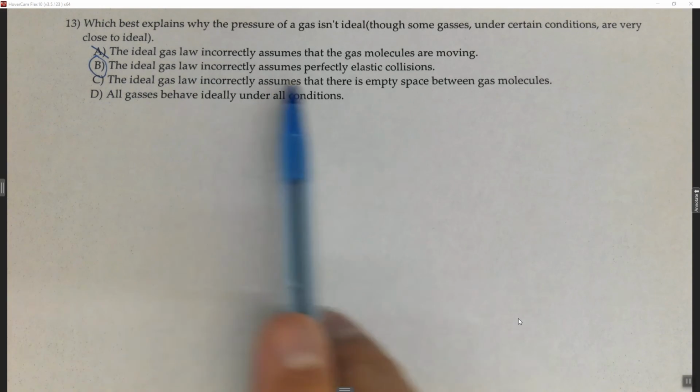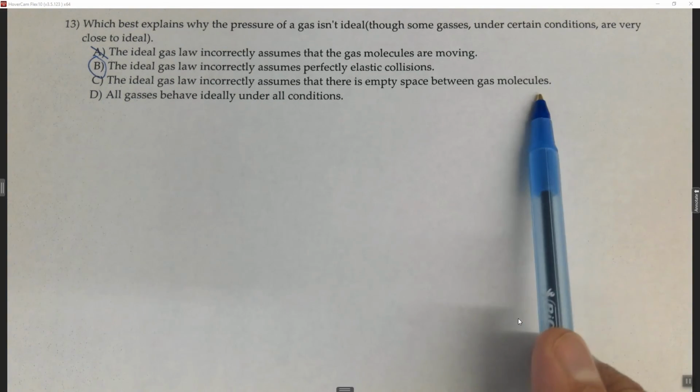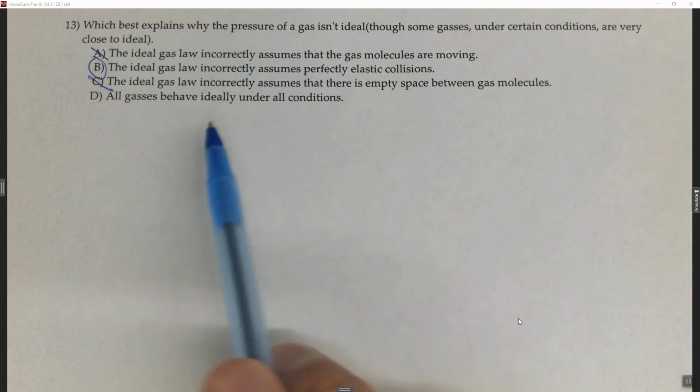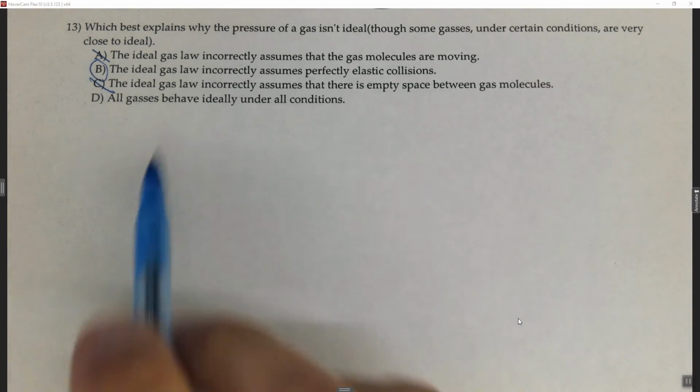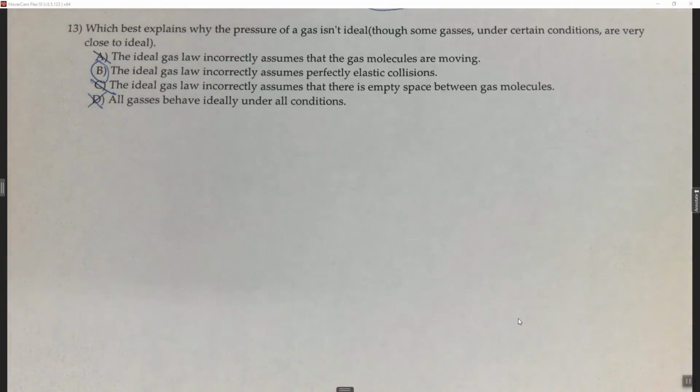The ideal gas law incorrectly assumes that there's empty space between gas molecules. Gases are mostly empty space. In fact, a correction for the volume is that the ideal gas law assumes that it's all empty space and the molecules themselves don't take up any space, but the molecules themselves do take up space, and at high pressure, the volume of the molecules plays a larger role. And it says all gases behave ideally under all conditions. That is simply not true.